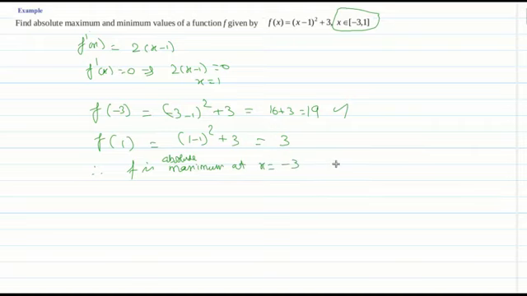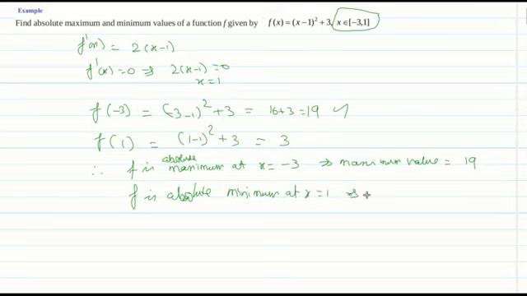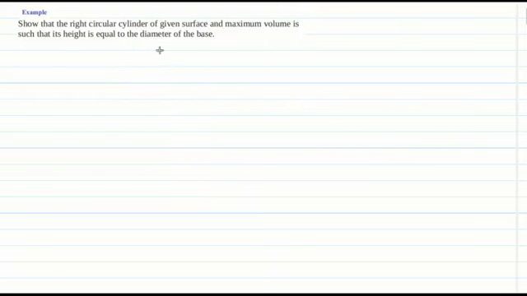Children, so the maximum value is 19. Then f is absolute minimum at x is equal to 1. This implies the minimum value is just 3. That's all, children. This is how we should find the absolute maximum and the absolute minimum.